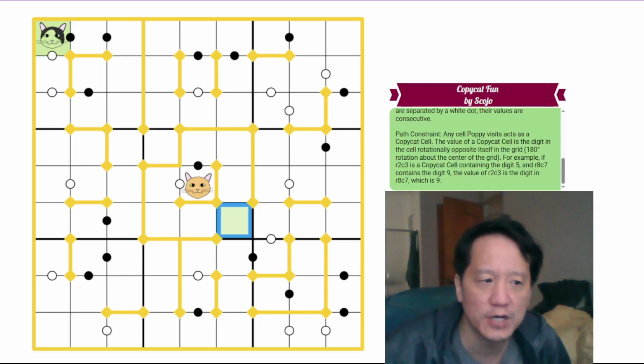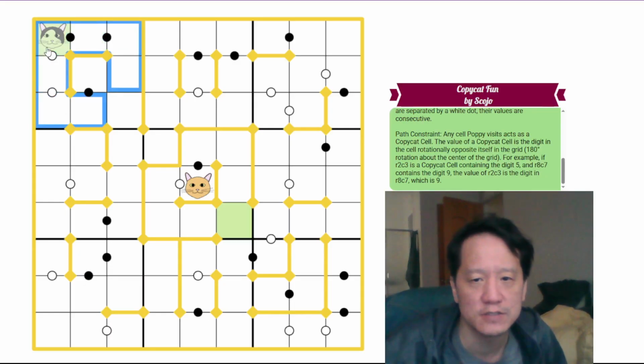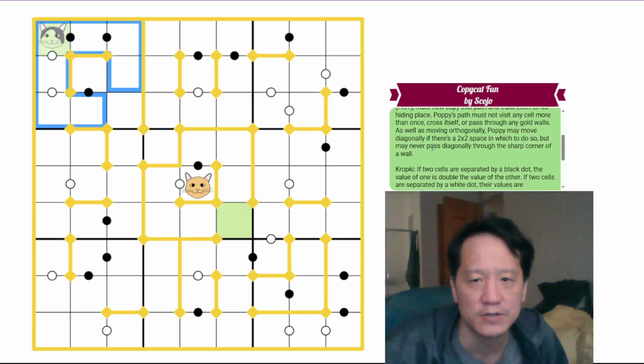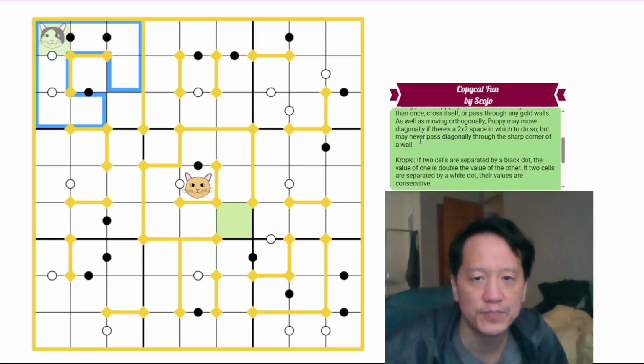Those are both copycat cells, but it can only take one path out, right? You can't go here and then go back in, because then you would go through a cell more than once, which is not allowed.